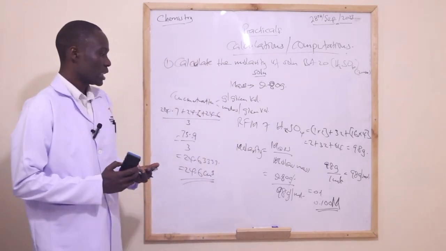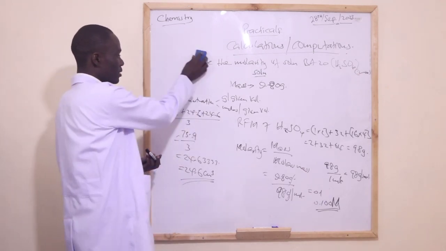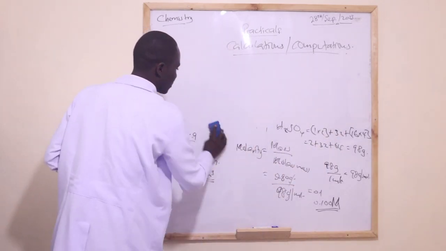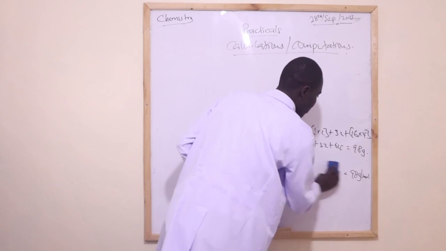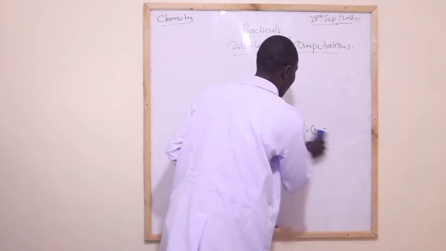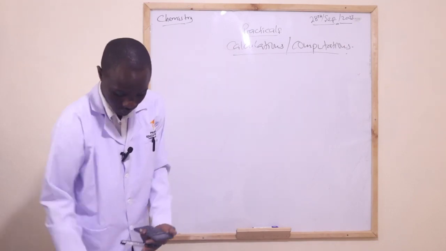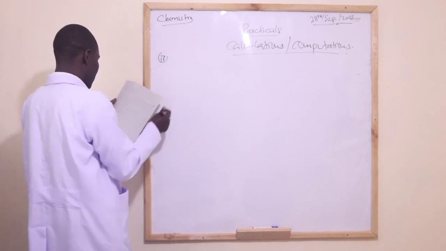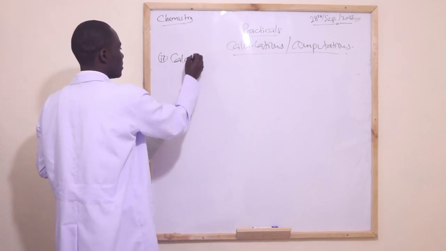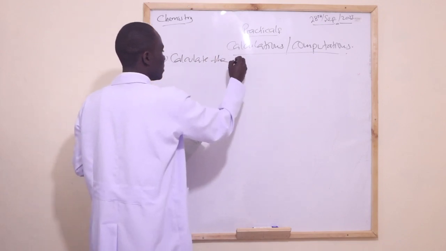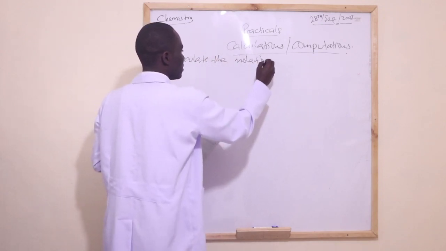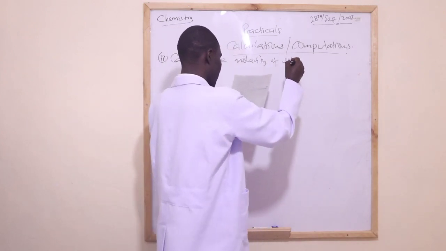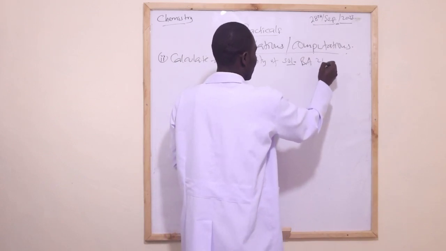Now, having known that, let's continue to number 2. Question number 2 states: calculate the molarity of solution, don't get scared, BA21.